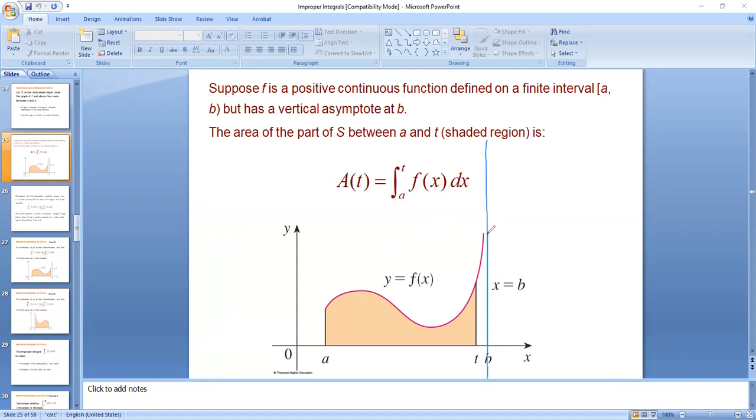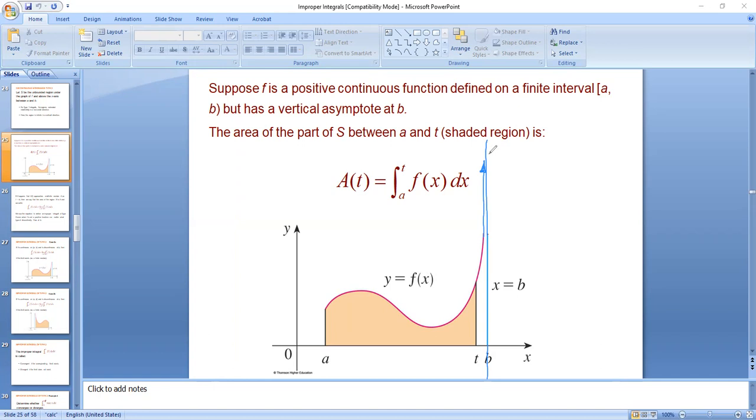Now, this curve is going to approach this vertical line, class, infinitely, asymptotically, meaning it will never cross this line, but it's going to be asymptotic to the line x equal to b. And as such, we say that this area under the function, y equal to f of x, is extending infinitely upwards.